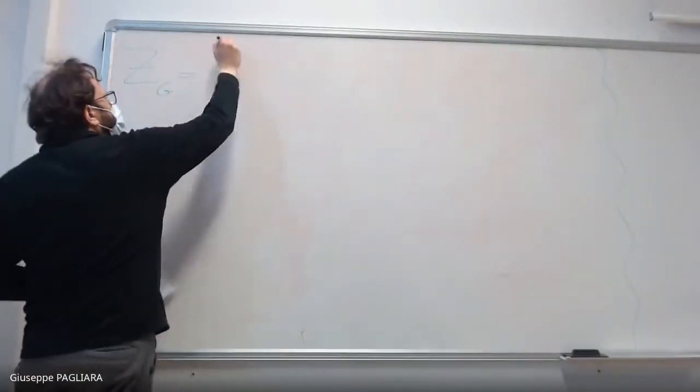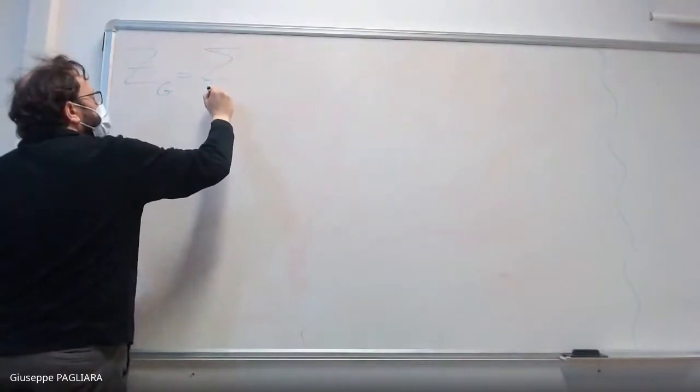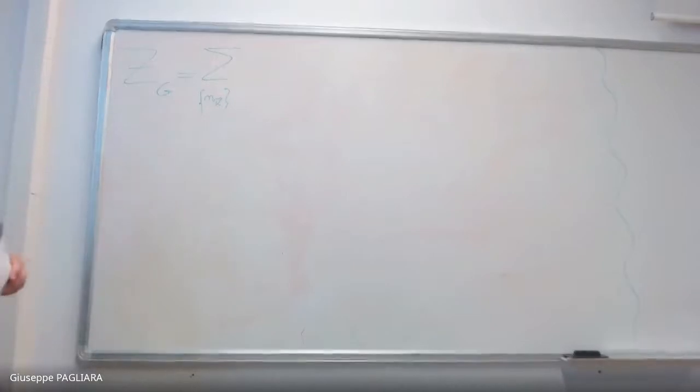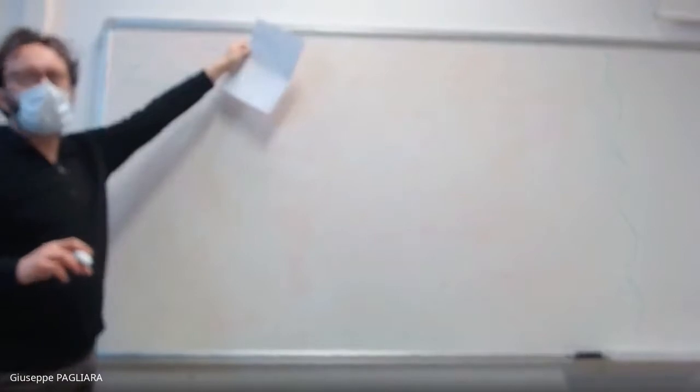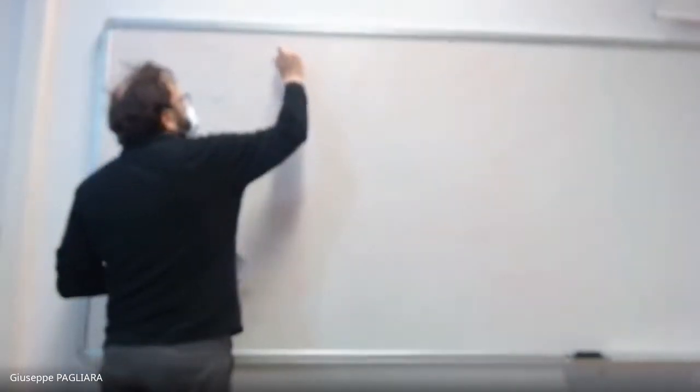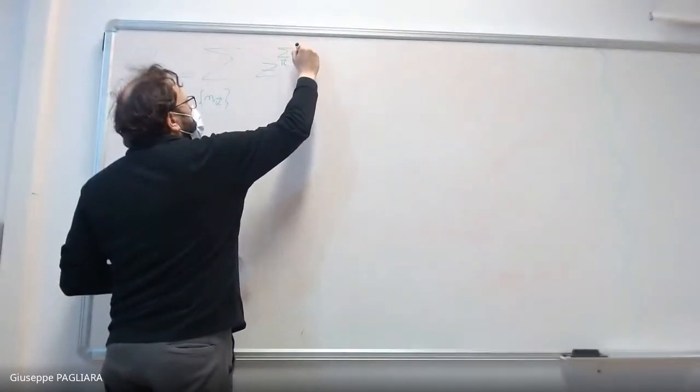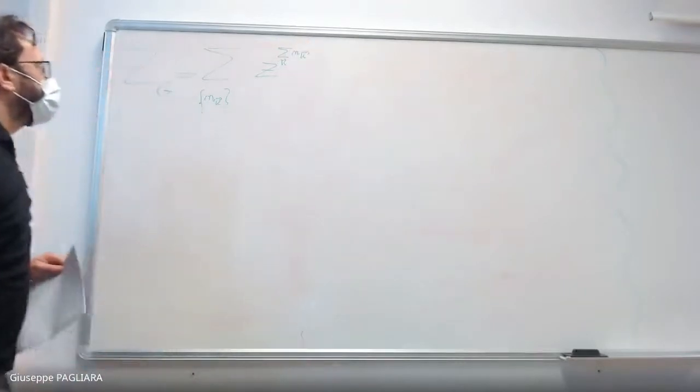Now this will be a sum over nk as before, where nk means a set of possible occupation numbers, but without any constraint now. I'm not putting a prime here. There's no constraint on the conservation of the number of particles. Here you have the fugacity to the power of n, which is z to the power of the sum over k of nk, where z is the fugacity.